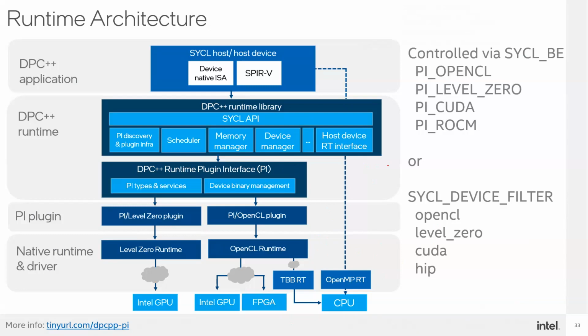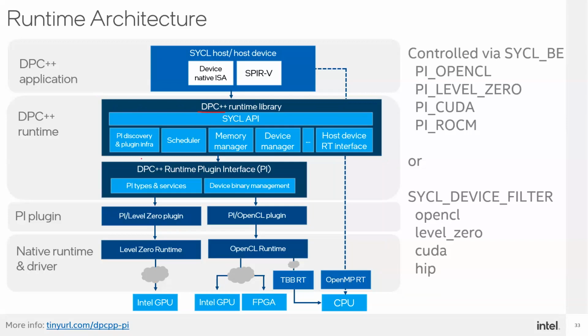But you need to clearly understand what's happening under the hood, and you can see that to execute the SYCL code, you also need to have a runtime. It can be called the SYCL runtime or DPC++ runtime, where there is a scheduler, for example, which schedules the execution of kernels. There is a memory manager and so on and so forth.